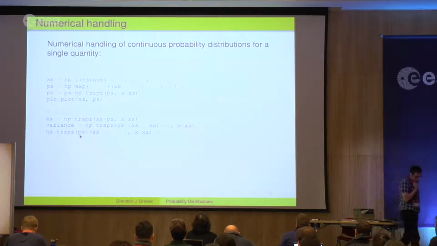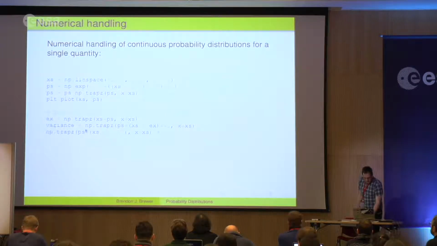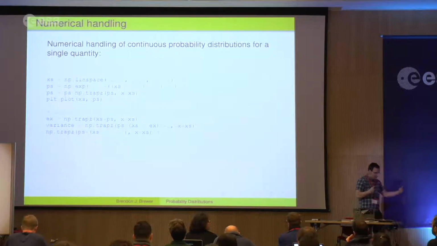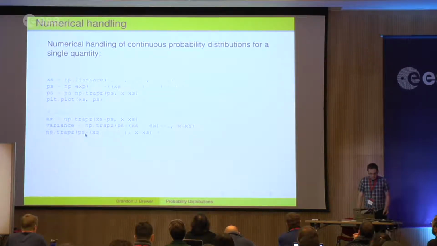Actually, there's a slight complication. In the previous example, I had np.sum of a subset of the p's where x was greater than something, because I wanted to just add a subset of the probabilities from the distribution. Here, there would be a bit of an awkwardness if I tried to do the same thing.